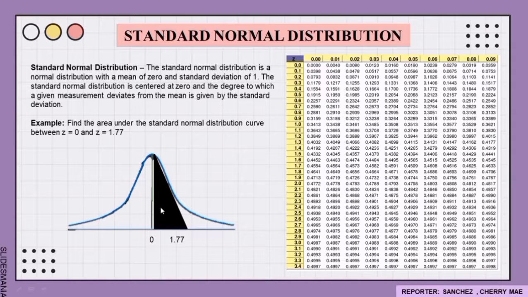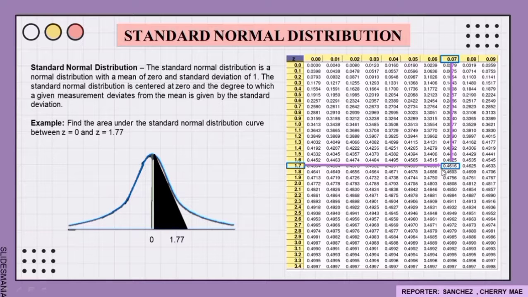We get this area by simply looking at 1.7 and 0.07 in our table. The intersection of the two is the area under our standard normal distribution curve.